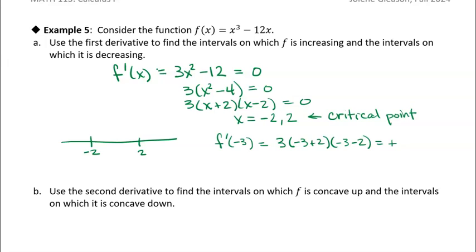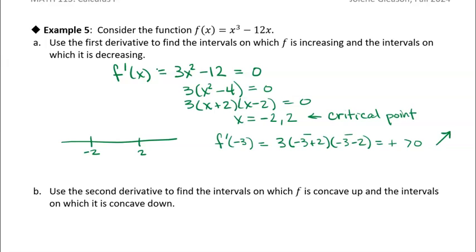This one's not too hard to evaluate, but sometimes, especially if you don't have a calculator, all you really need to know is the sign. Negative times negative is positive, so this value is greater than 0, which means it's increasing.